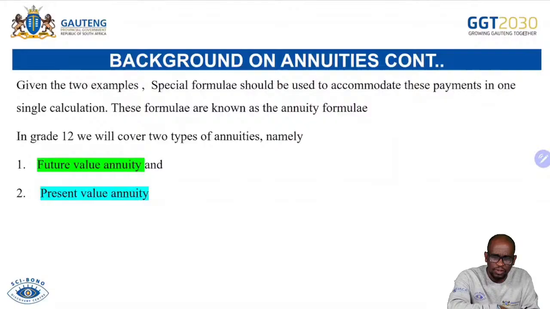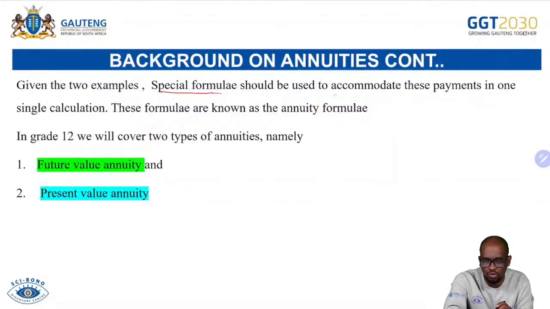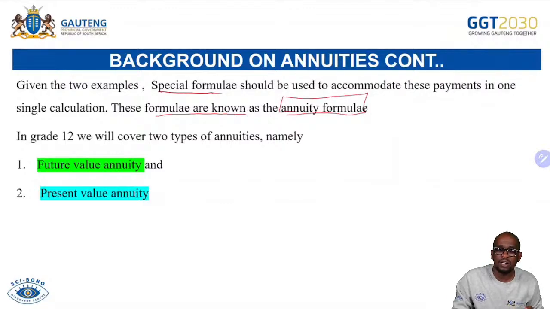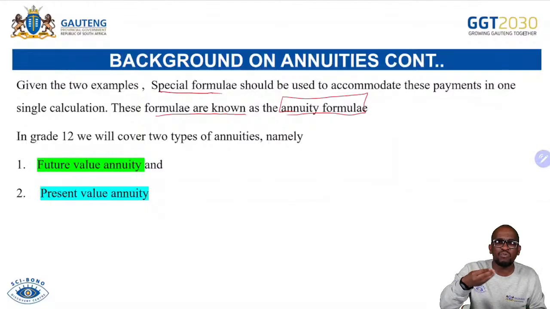Now, let's continue with our background. Given the two examples, special formulas should be used to accommodate these payments in one single calculation. These formulae are known as the annuity formulae, all right? So we develop formulas to enable us to deal with this new problem that we've presented.